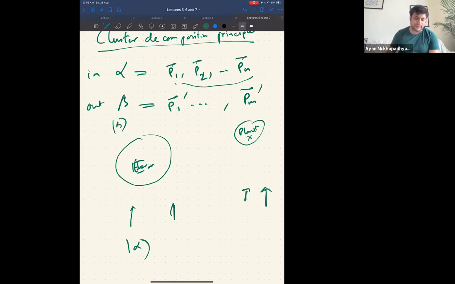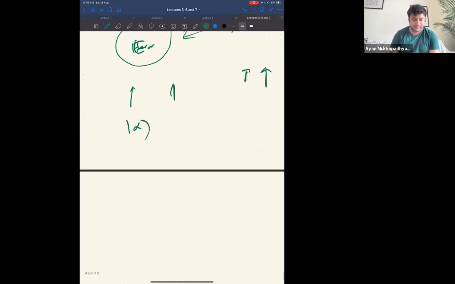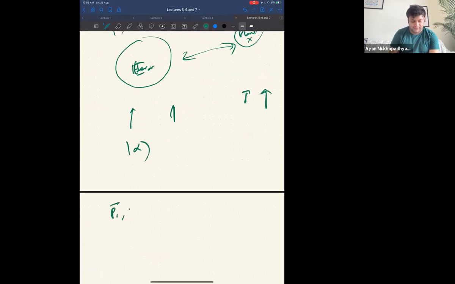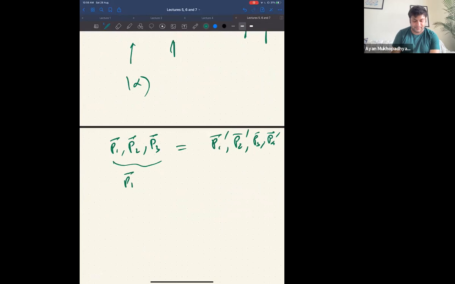The point is that suppose you're looking at some kind of experiment where P1, P2, P3 goes to P1 prime, P2 prime, P3 prime, P4 prime. What I mean to say is that P1 plus P2 plus P3 should be equal to P1 prime plus P2 prime plus P3 prime plus P4 prime.